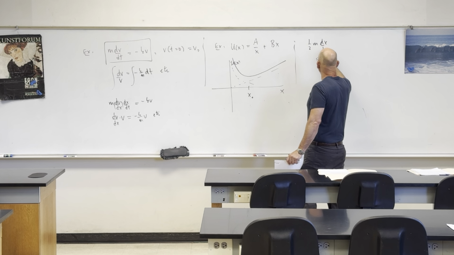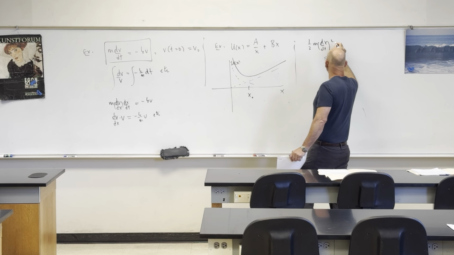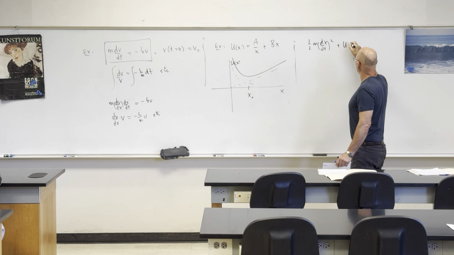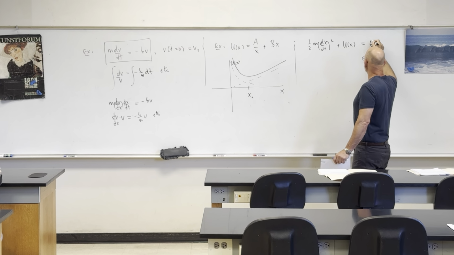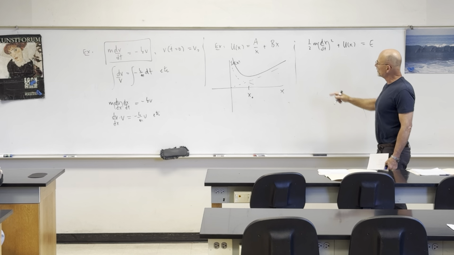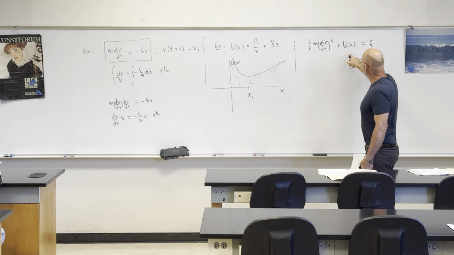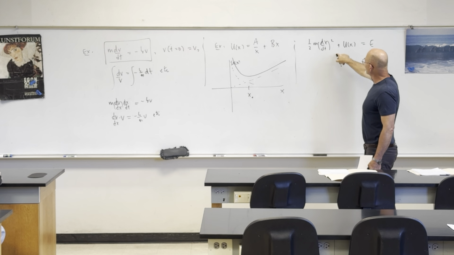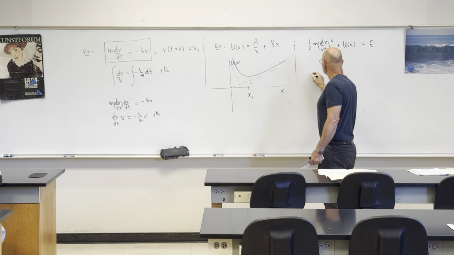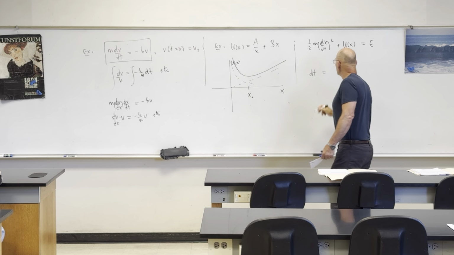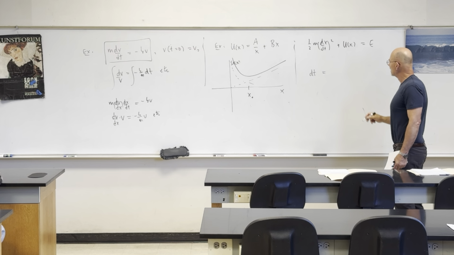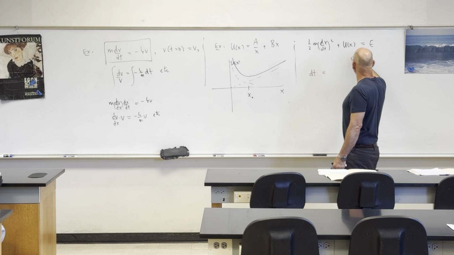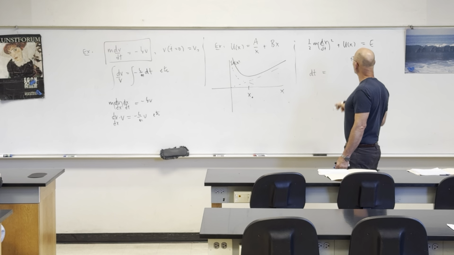So we had one-dimensional problems, with energy equals E. And in fact, this would be a good one to talk about that with. Then you're able to separate variables on this thing, and what do you get? If you solve for dt, you have E minus U of x, 2 over m.